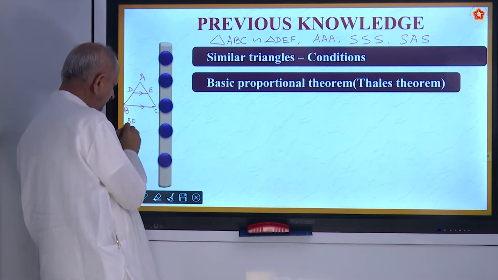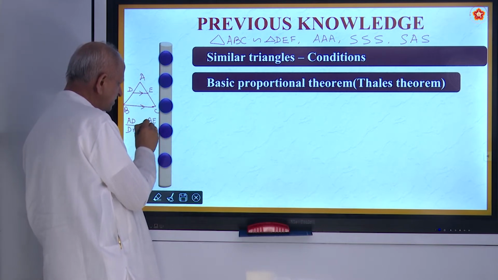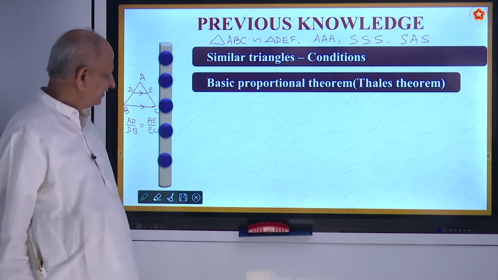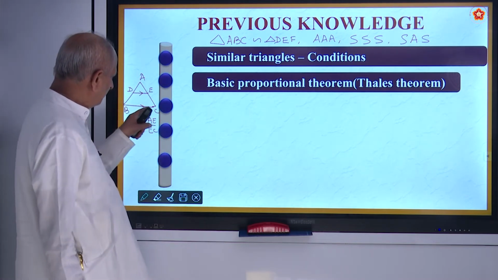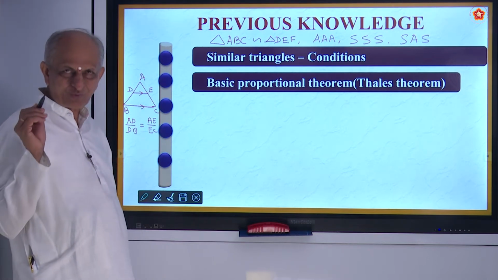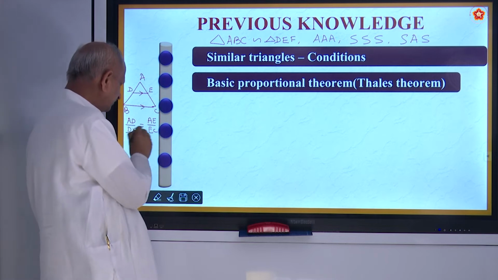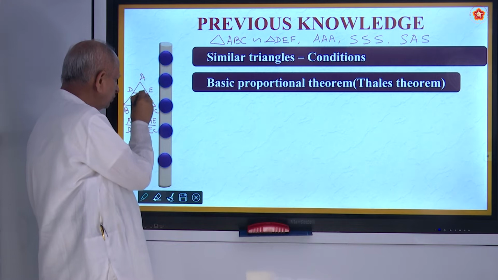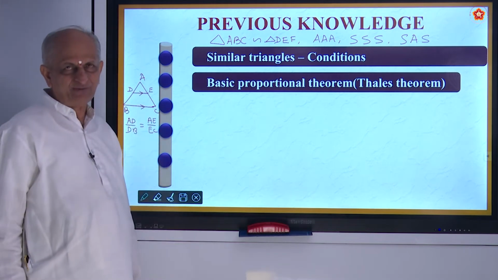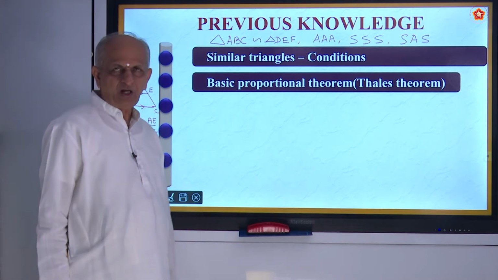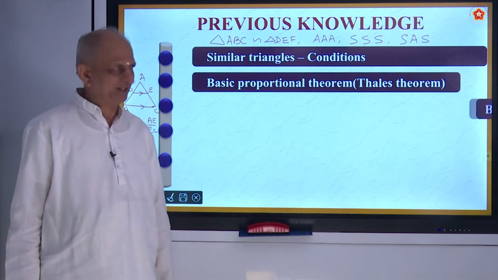AD by DB is equal to AE by EC, when DE is drawn parallel to BC. So its converse also is true. Means what? If these segments are proportional, then the two lines will be parallel. That is a converse. That is called basic proportionality theorem, also called Thales theorem.